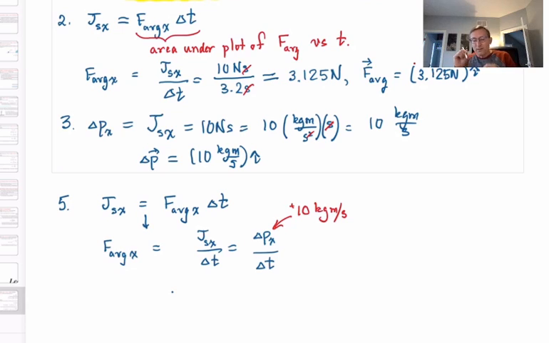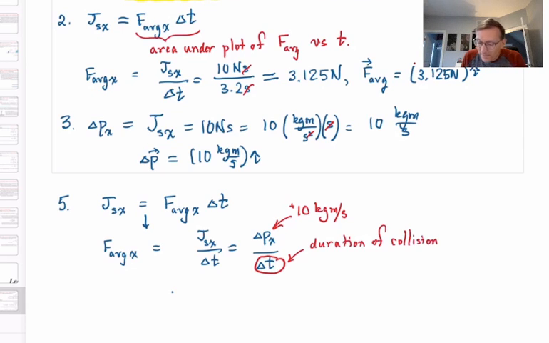But what we can affect by changing the spring constant K is the duration of the collision, delta T, right? That's the duration of the collision of the box with the spring. The spring is that bumper on the wall.